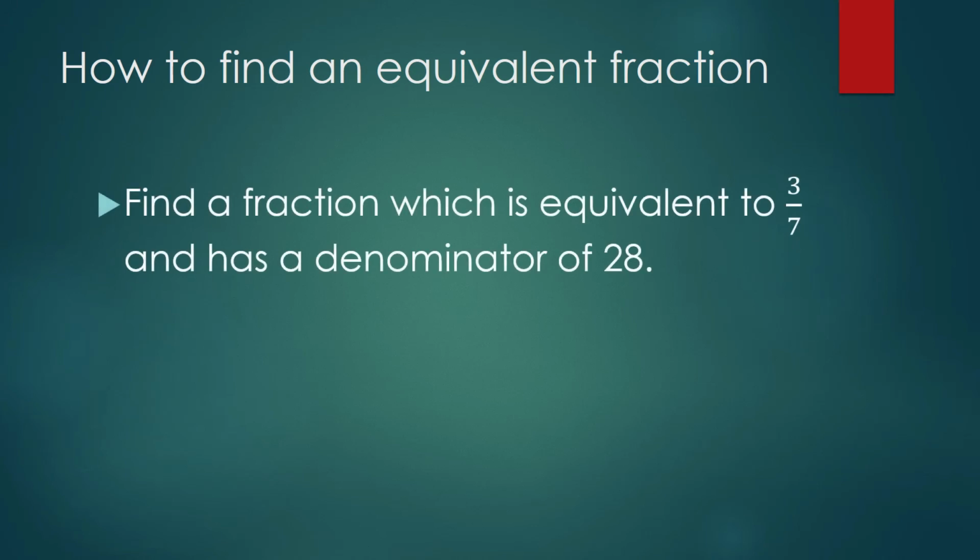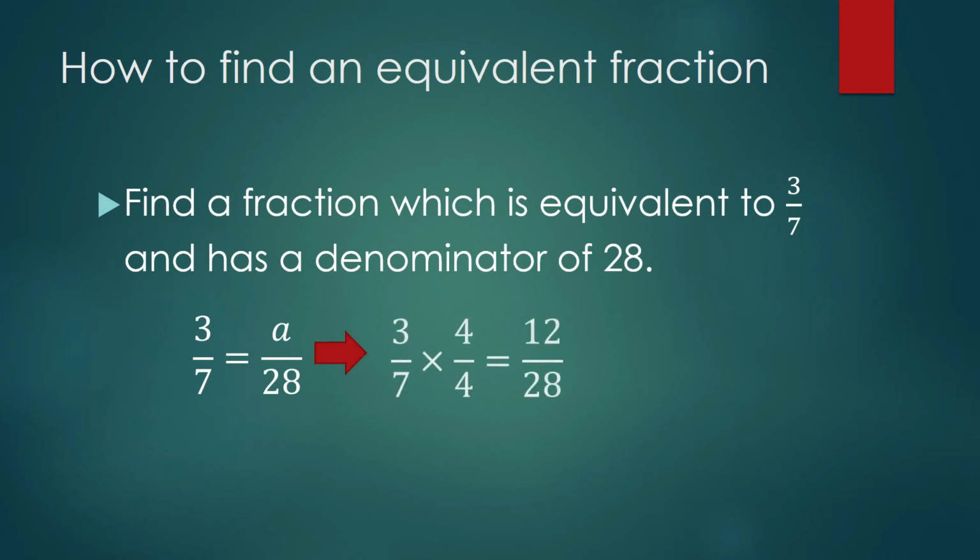Find a fraction which is equivalent to 3 over 7 and has a denominator of 28. It's something like this. 3 over 7 is equal to another fraction which is a over 28. What should be the integer a? Well, this is what we know. 7 times 4 is 28.